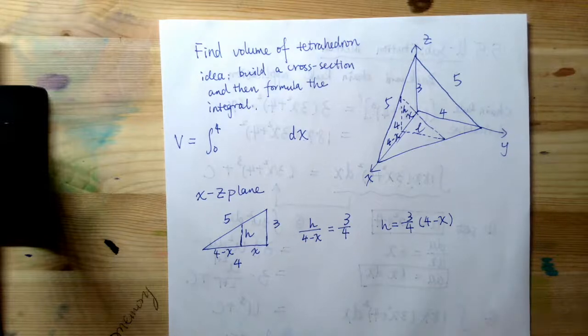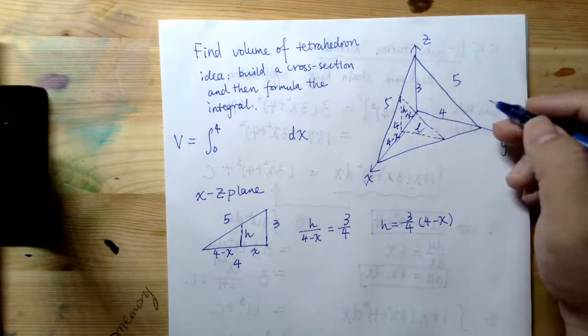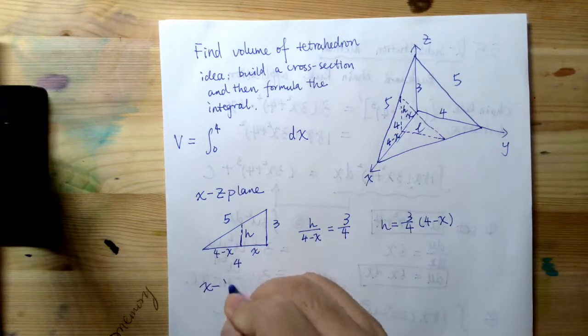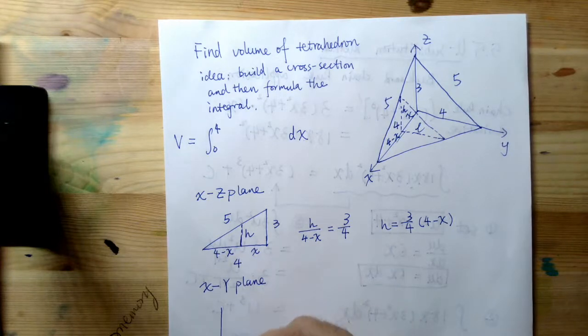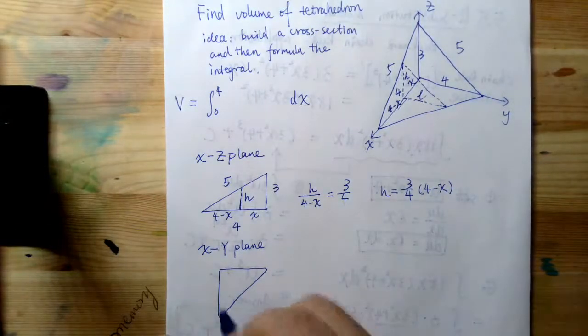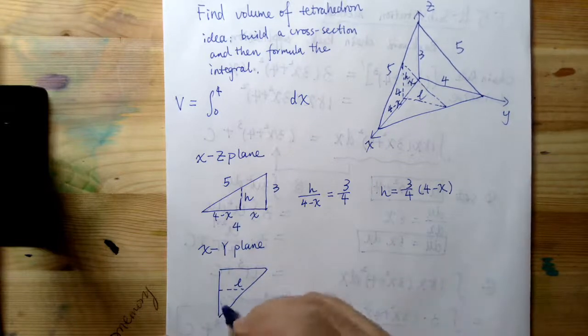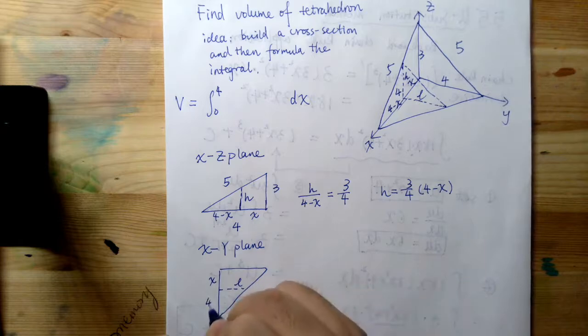And then similarly, to find L in terms of x, we look at the xy plane, and we can draw the graph, and you can see this is L, right? So suppose this is x, this is 4 minus x, right?